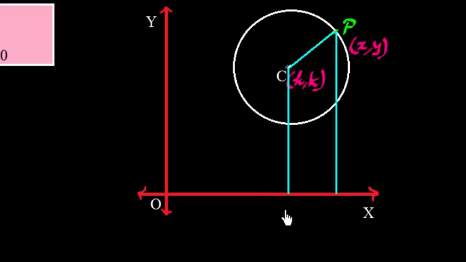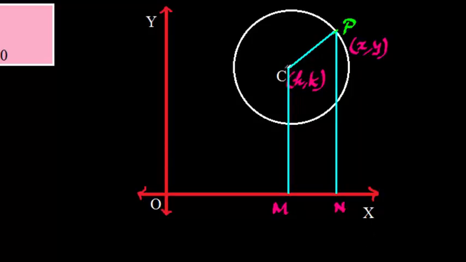This is our M, and this is our N. Then I draw a perpendicular from C, the center of the circle, to PN.